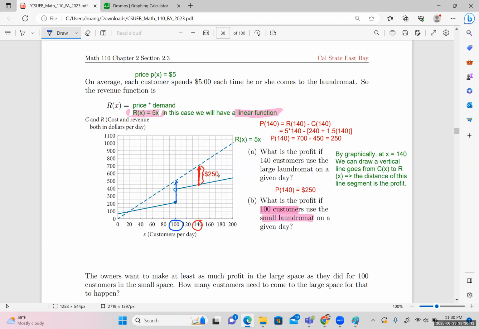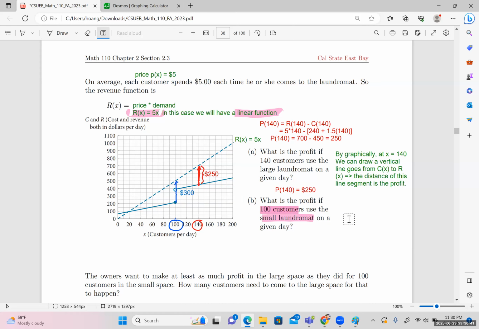And I note how many units? 1, 2, 3, 4, 5, 6. Let me count one more time. 1, 2, 3, 4, 5, 6. It looks like we have 6 units there. Which means 6 times 50 is about $300 for the profit. I think so, but that is just by eye.